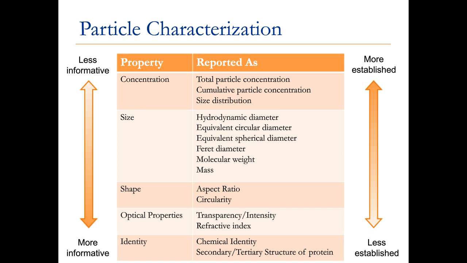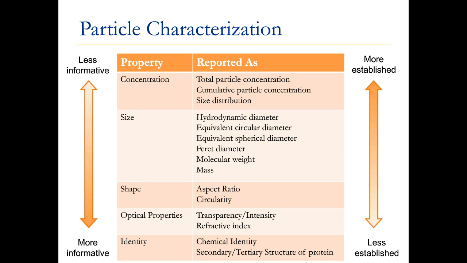But there's a lot more information we're getting out of the tools available, everything from shape factors to the images we're collecting from these particles, the mass of particles. And probably where we've focused more in later years is the identity of these particles, tracking down what they actually are, and not just in the visible range but down in the subvisible range as well, to try to understand our products a little better.